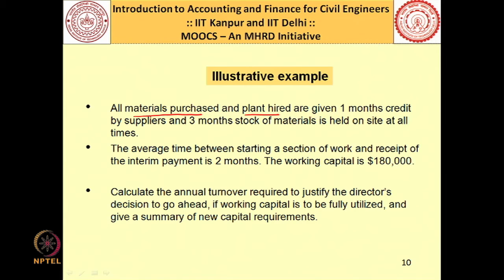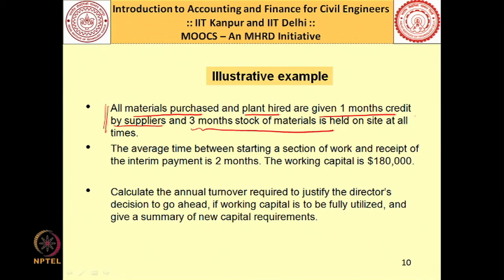Whatever you are hiring, they are given 1 month's credit by suppliers. So, that means you are purchasing the material today, you are supposed to pay them in 1 month's time. Likewise, it is also given that you have to keep a stock of 3 months of material at all times, so that your production does not suffer.